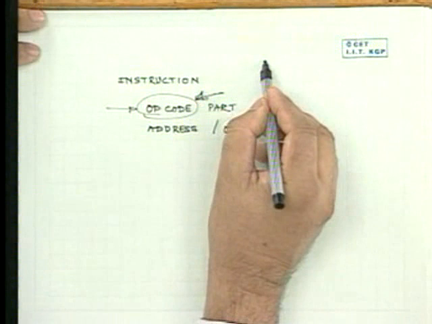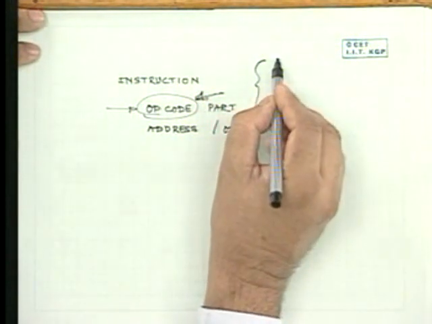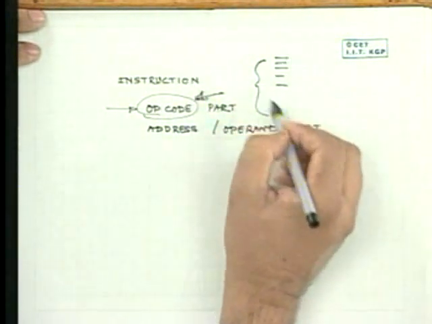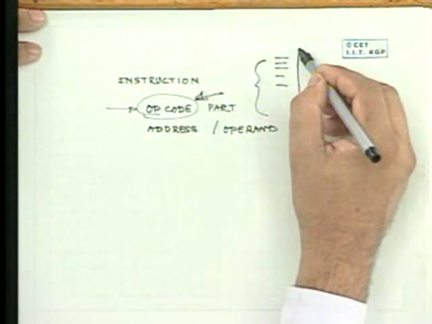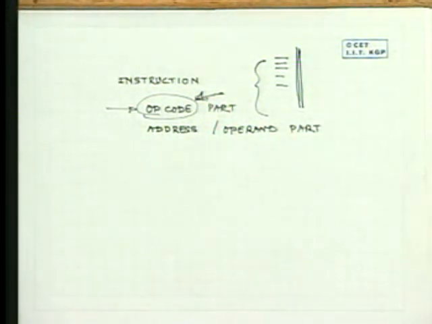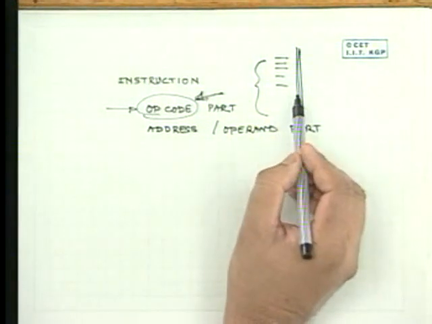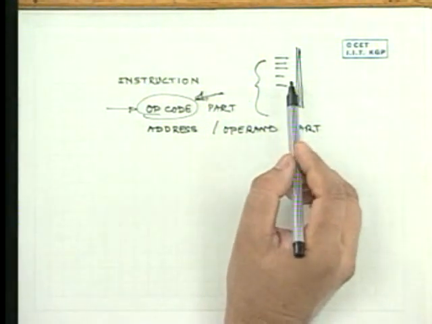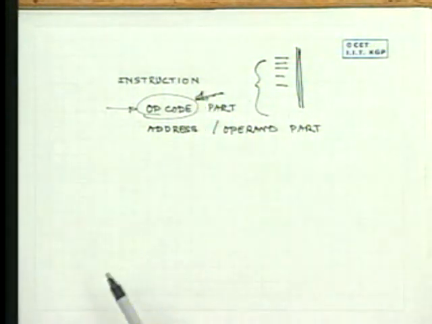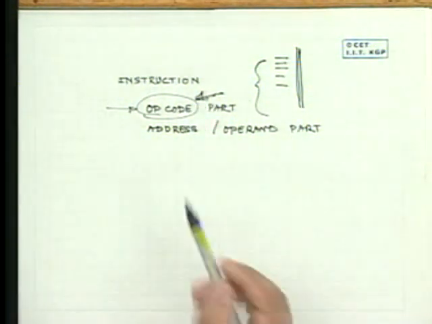That instruction set will consist of different instructions and therefore different opcodes, and what a particular machine can do depends upon this instruction set. Therefore, the instruction set of a particular machine defines the opcodes of that machine for doing several different instructions.